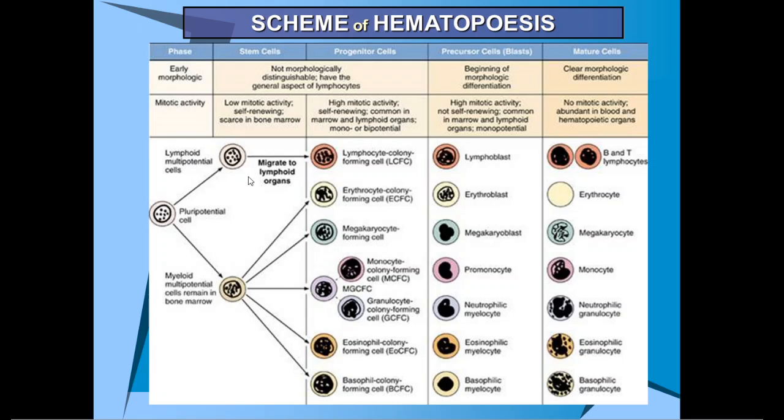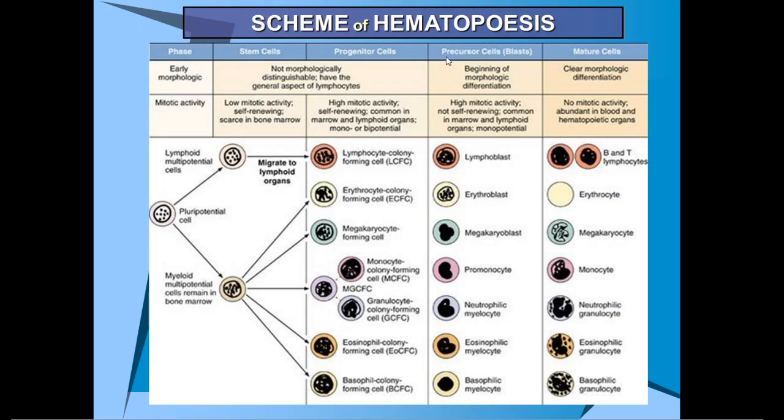Lymphoid multipotential cell has only one child. So this is lymphocyte cloniforming cell. And then this lymphocyte matures into the lymphoblast and then matures into the B or T lymphocytes.